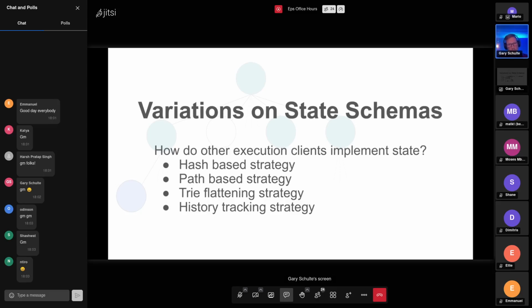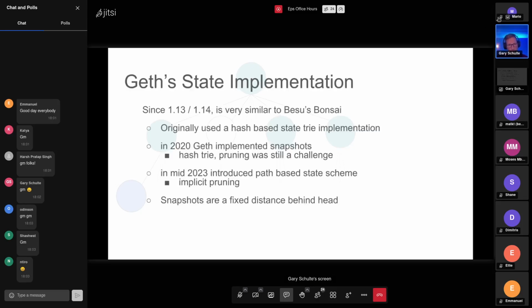And then there's a history tracking strategy that is beneficial for archive nodes. I think we should start with Geth. The reason is that Geth has evolved separately from Besu, but we've both sort of arrived in a very similar place with regard to our path-based implementation.